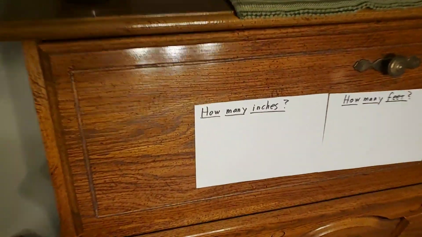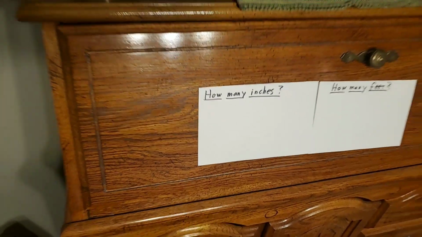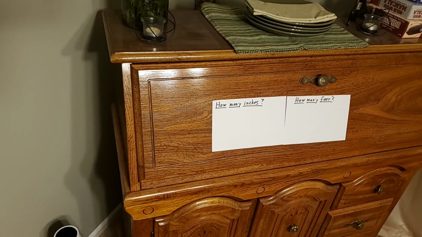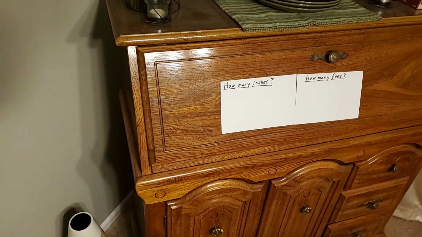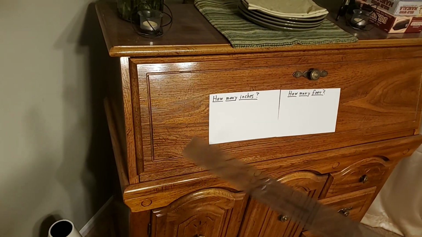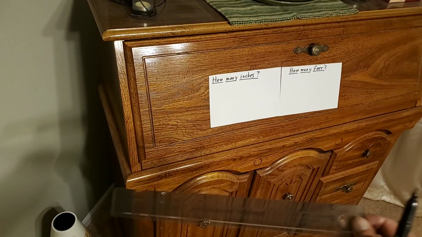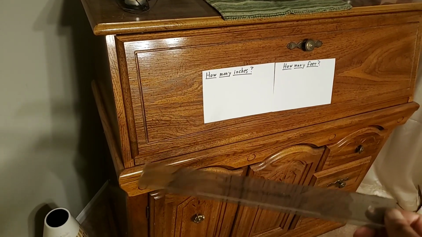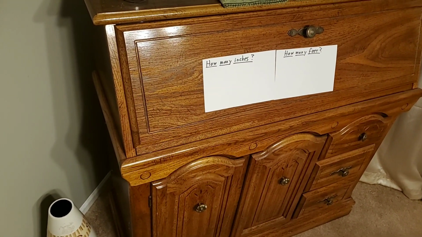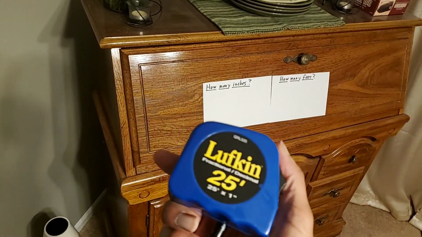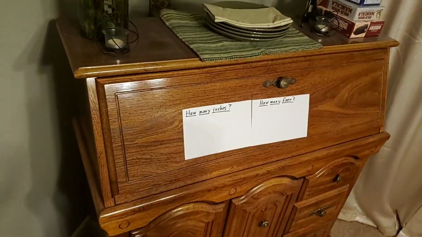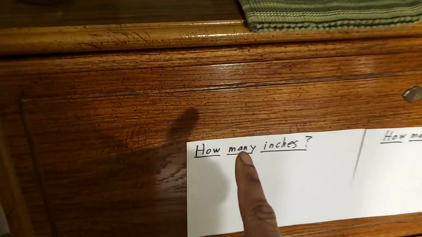So today we're going to measure my armoire in inches. Now, I could use my ruler, but it's too small. It would take much longer. It wouldn't be as accurate. So we're going to go ahead and use our tape measure. Let's start off with inches.